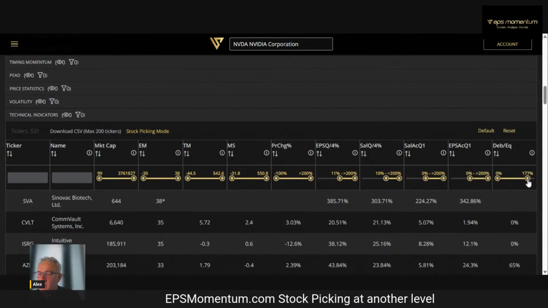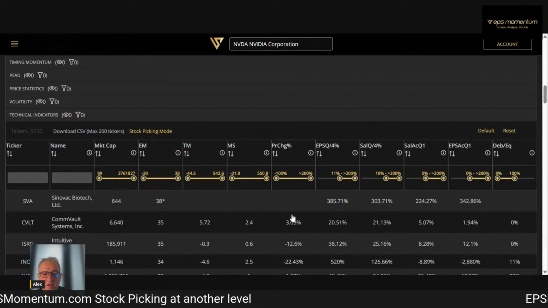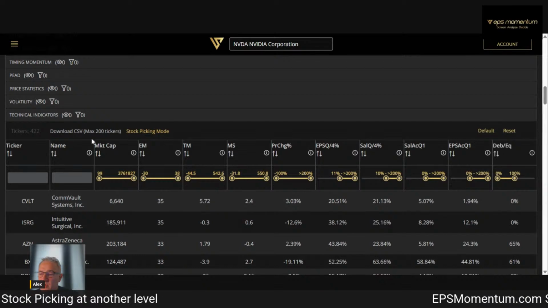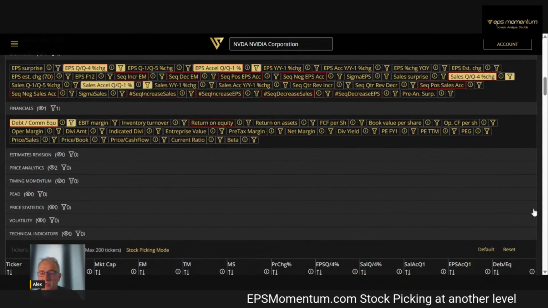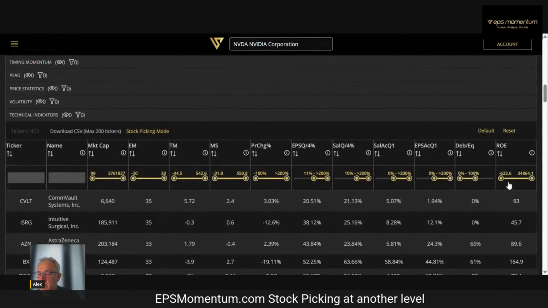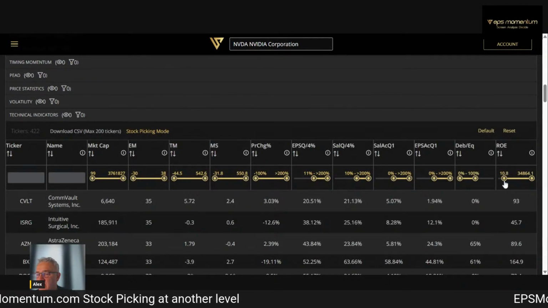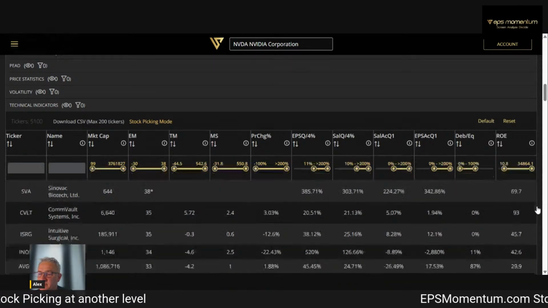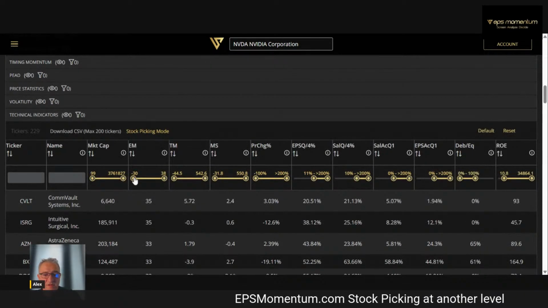So say you don't want anything above 100, right? And now we have 422. You can also have return on equity, decent amount there, maybe 10%. Okay, now we have 229 names.